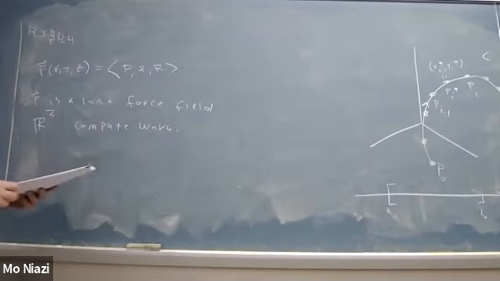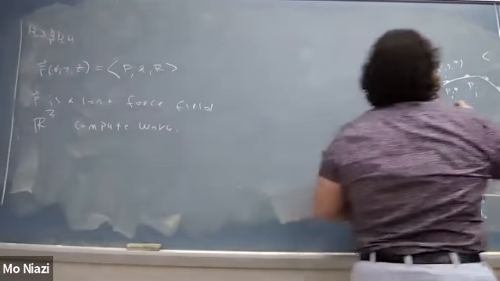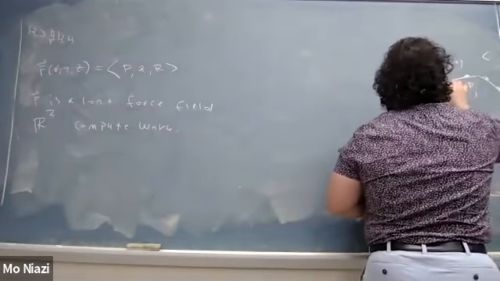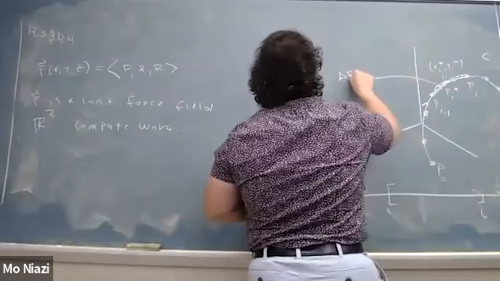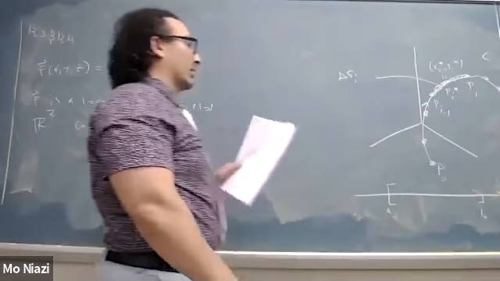Then we chop up all of these arc lengths, and we'll say one of these is some delta s i, the i-th arc length.